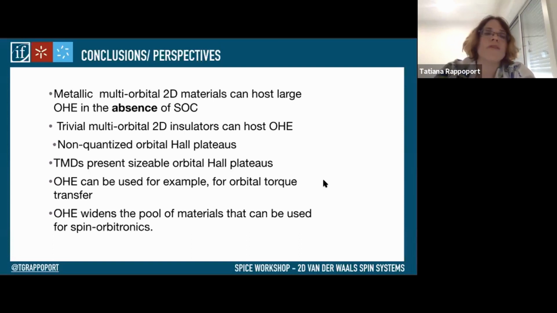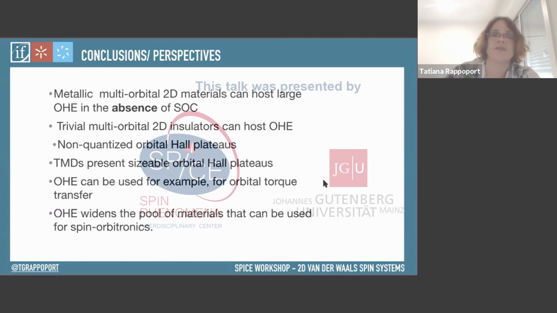And this orbital Hall effect can be used, for example, for orbital torque transfer. So the idea of this work is just to bring attention to the existence of orbital effects in 2D materials and the potential to use these orbital effects for orbital transfer and then spin transfer or orbital torque and spin orbital torque. Okay, thank you very much for your attention.